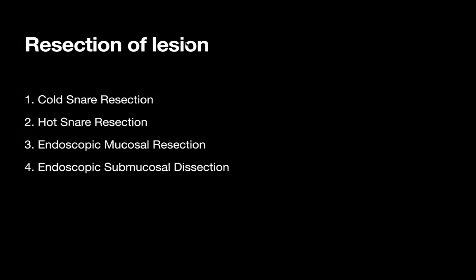So that's not probably the safest approach. You could go with endoscopic mucosal resection, or maybe if my Japanese colleagues see this, they would go with endoscopic submucosal dissection. Raju?